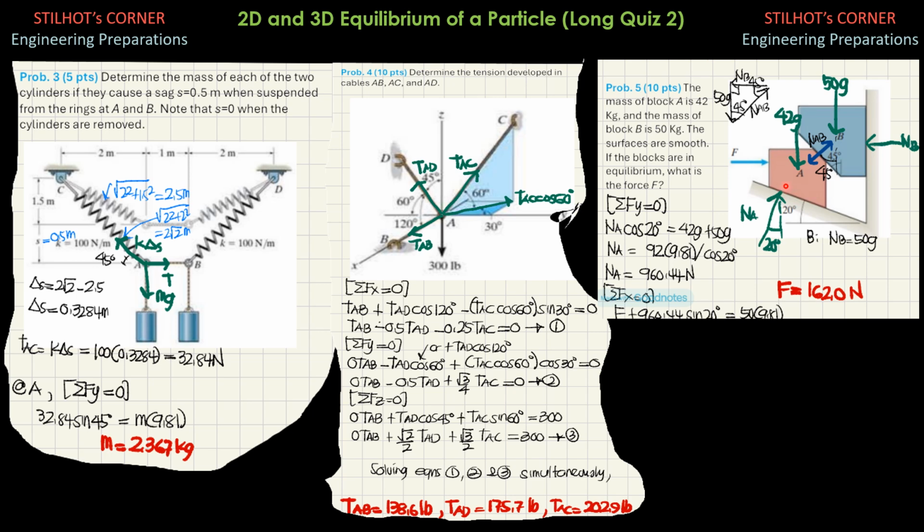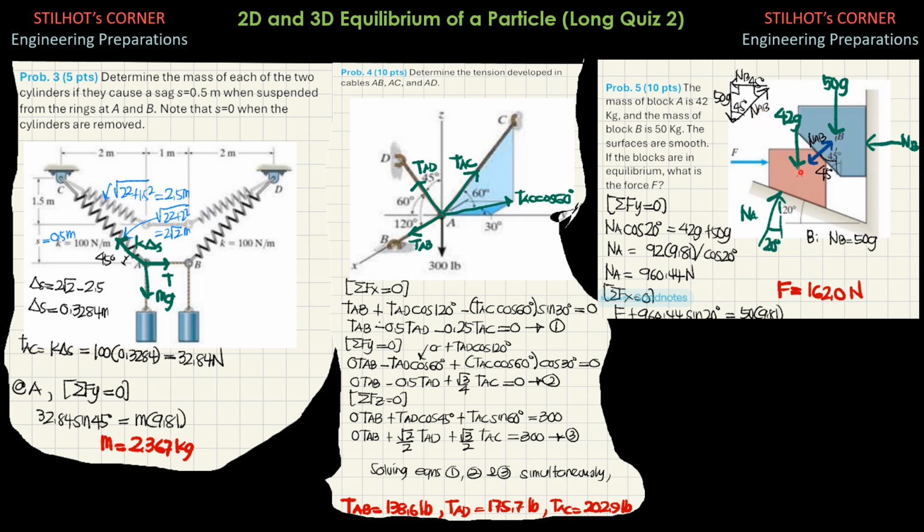Another way, if you want, this may be the solution of some of you. You transmit NAB. You can compute NAB, which is equal to the square root of 50G squared plus 50G squared, where G is 9.81, so you can solve for NAB.